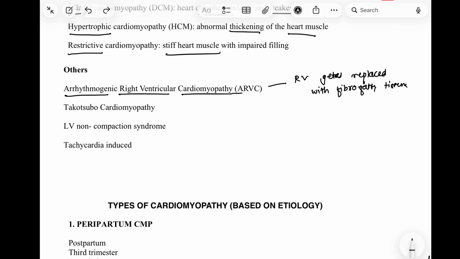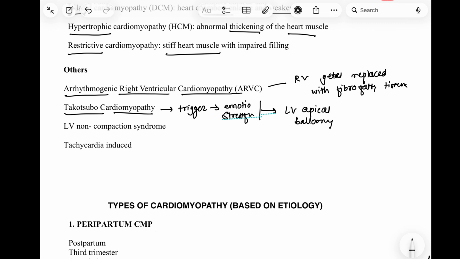The second one is Takotsubo cardiomyopathy, and it is associated with a trigger, which is mostly an emotional or very stressful condition. This emotional stress results in left ventricular apical ballooning, right? And so we get systolic and diastolic dysfunction, right?